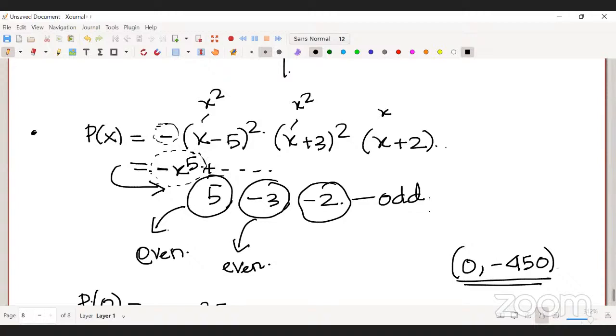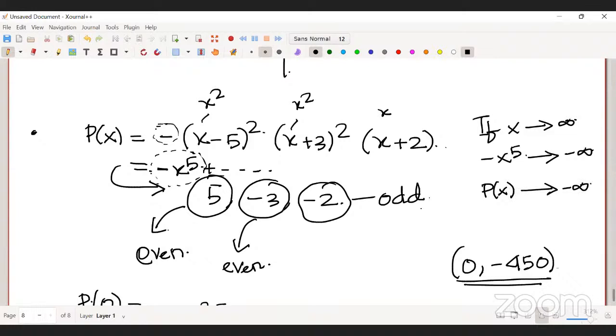So if x tends to infinity, then where will minus x power 5 go? It will go towards minus infinity, right? So that means P of x will also go towards minus infinity.